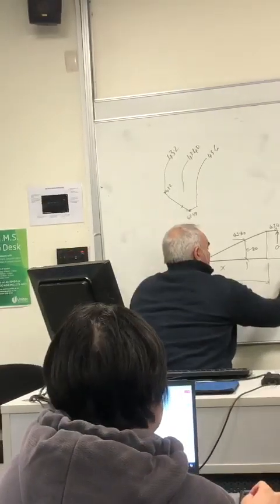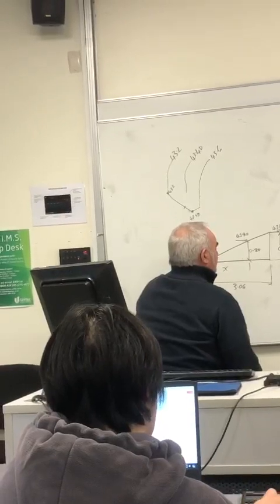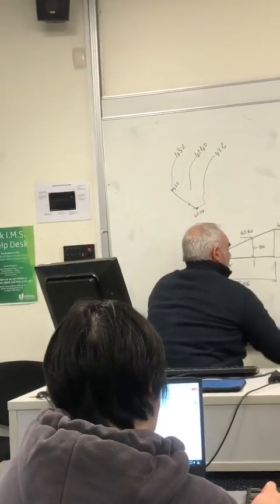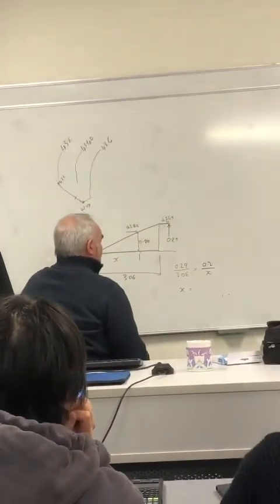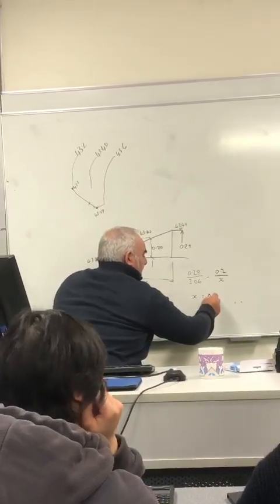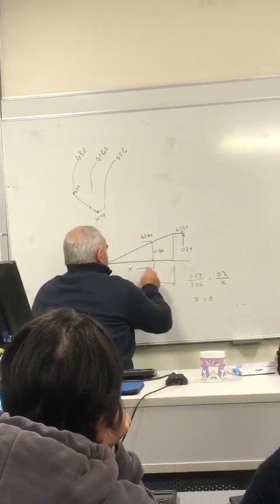So, confusing myself. So therefore, X equals. Someone wants to do that. 0 point what? No, 2.1.